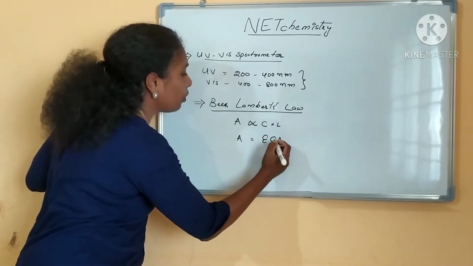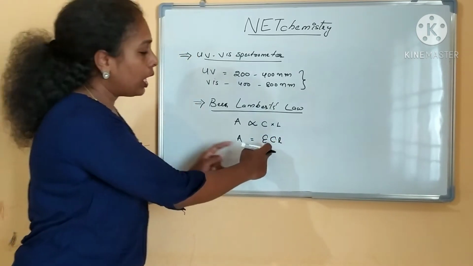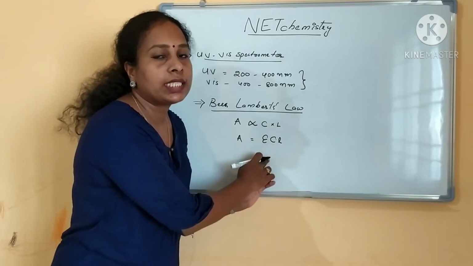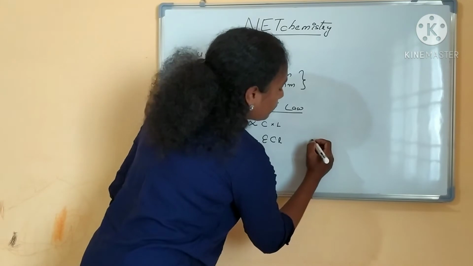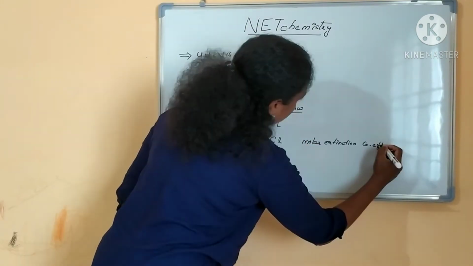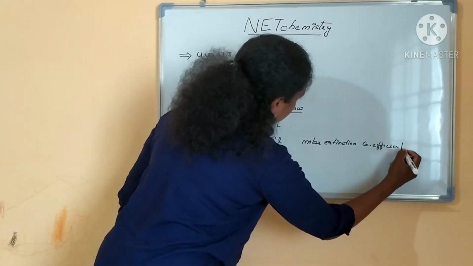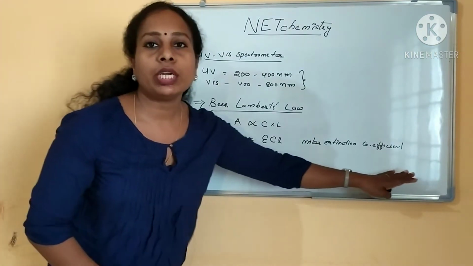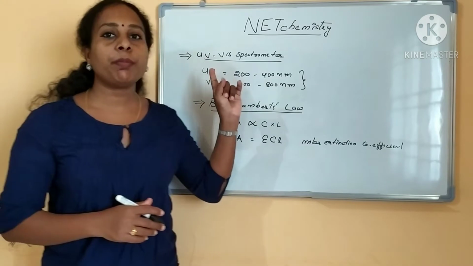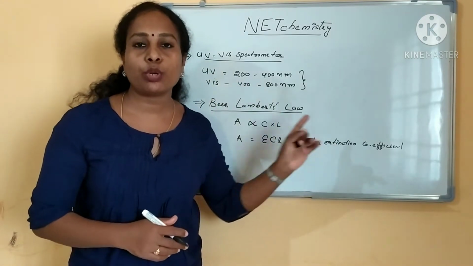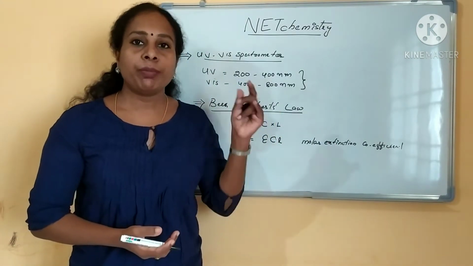So, A is equal to epsilon C l. What is epsilon? Absorptivity coefficient, or else molar extinction coefficient. If you see the working principle question of the UV-visible spectrometer, it is based on Beer-Lambert's law.